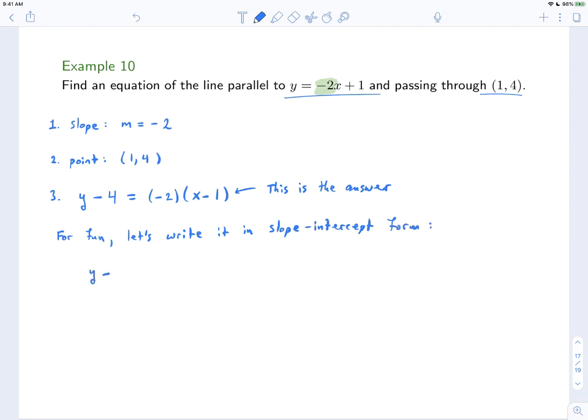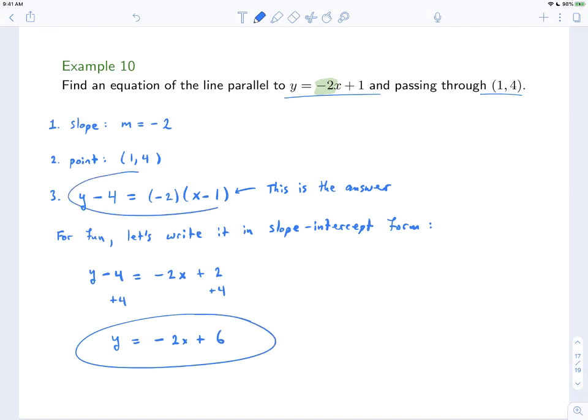So we have y minus 4 is equal to, let's just multiply this out. Negative 2 times x is a negative 2x. Negative 2 times negative 1 is plus 2. Now we just add 4 to both sides. We don't even have to worry about fractions in this case. So y is equal to negative 2x plus 6. And that's the equation of our line. That's an equation. Now these two equations might look different, but they still give you the same line.